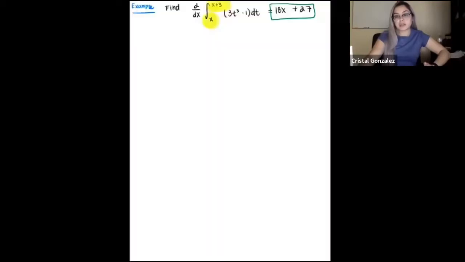The issue really is that we have an x value here and an x plus 3 value here too. If we have a different function for the upper bound, then we just do a u substitution and apply chain rule. But for this, it doesn't work as nicely, and we have to do a little bit of tricks for this.